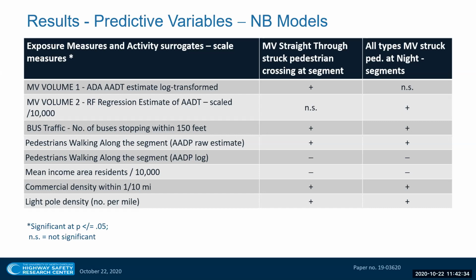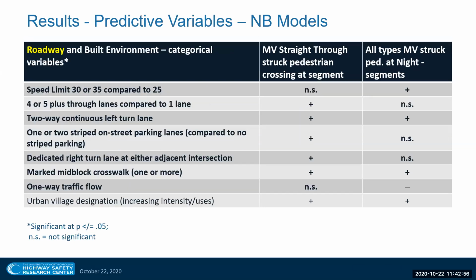And it may be that light poles were implemented where more crashes occurred or in areas that were already high risk. And because we weren't fully able to account for the traffic and the conditions before that was done, it has this unexpected positive relationship to crashes.